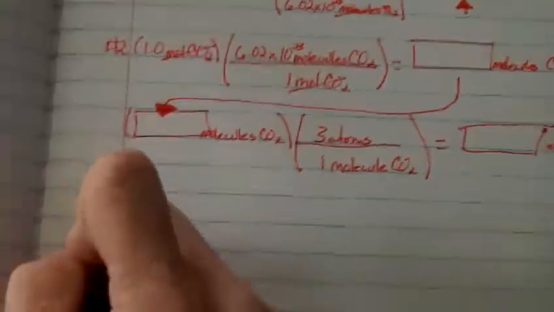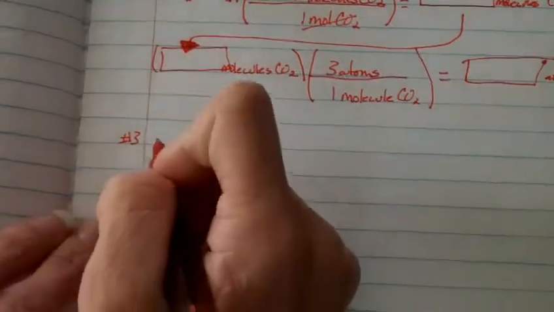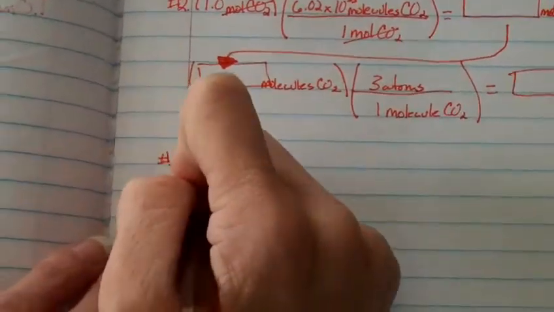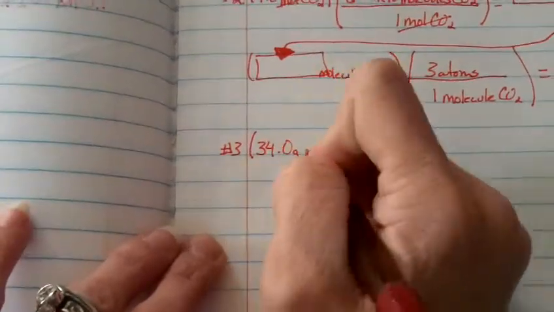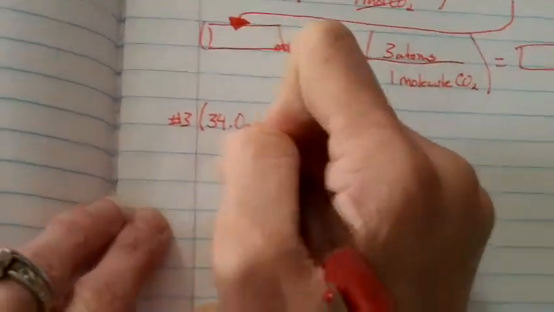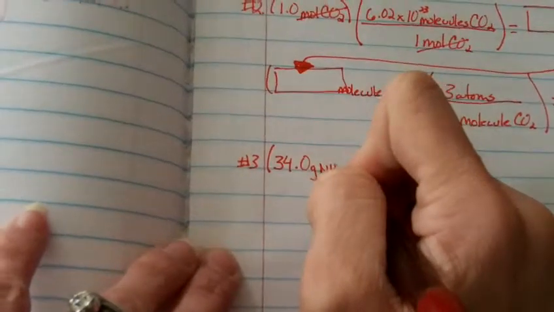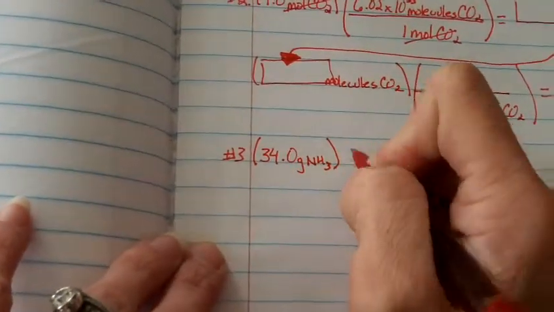Number 3. Take what you're given, 34.0 grams of ammonia, NH3.